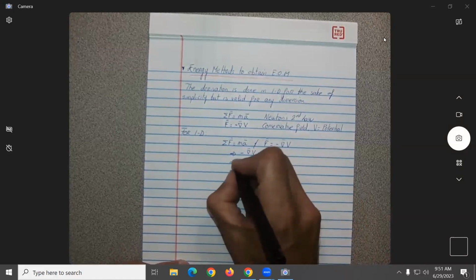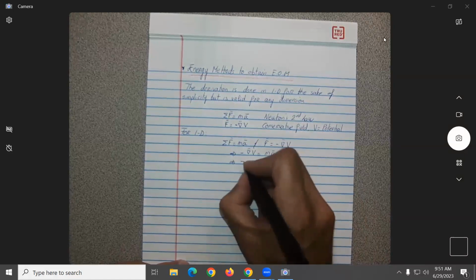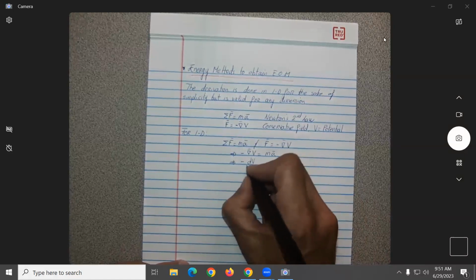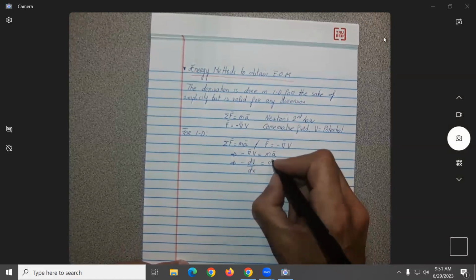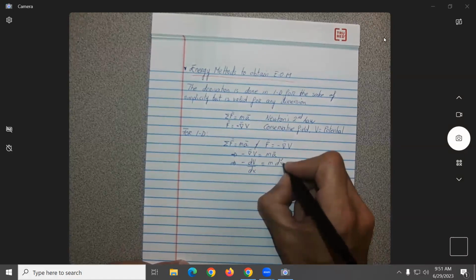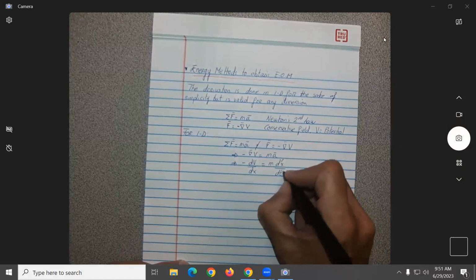Now I'm going to move into 1D. This means minus dV/dx equals m times the second derivative of x with respect to t squared.